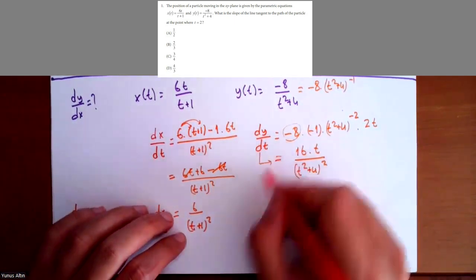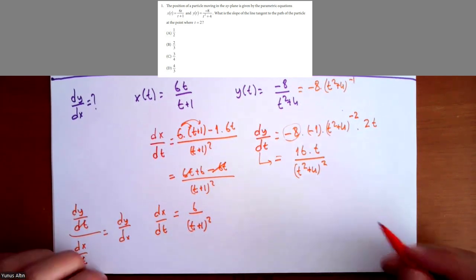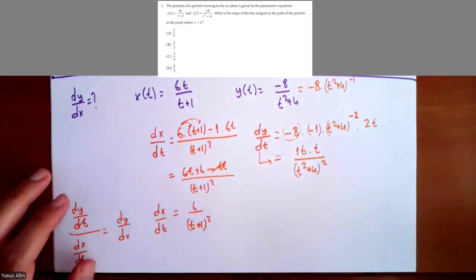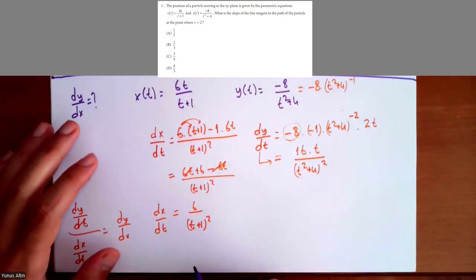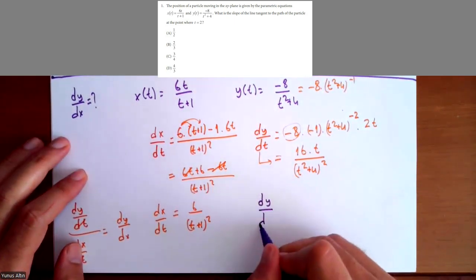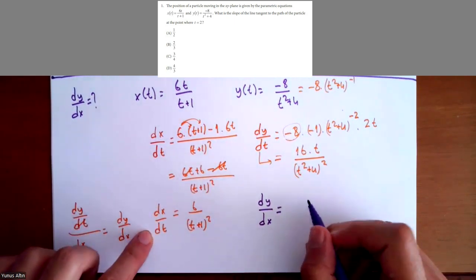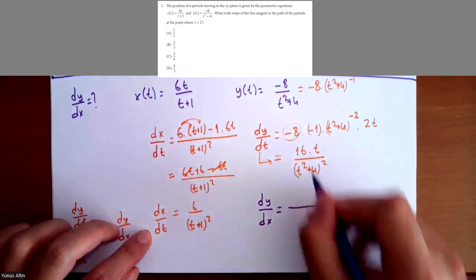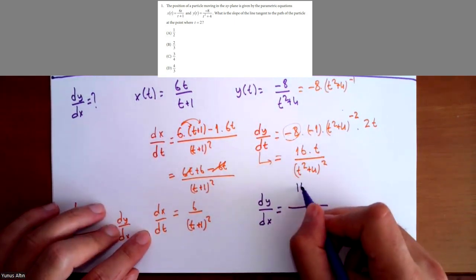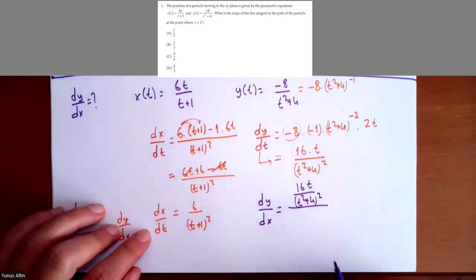So we found dy over dt and also dx over dt. All we can do is divide them. So dy over dx will be dy over dt over dx over dt, which is dy over dt, 16t over t squared plus 4 squared.